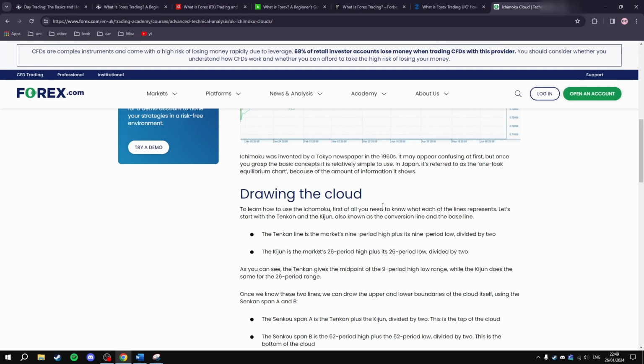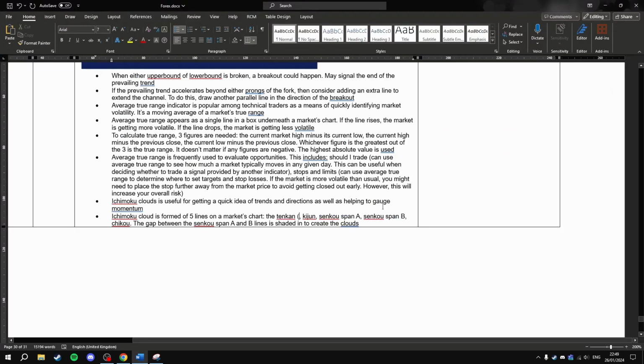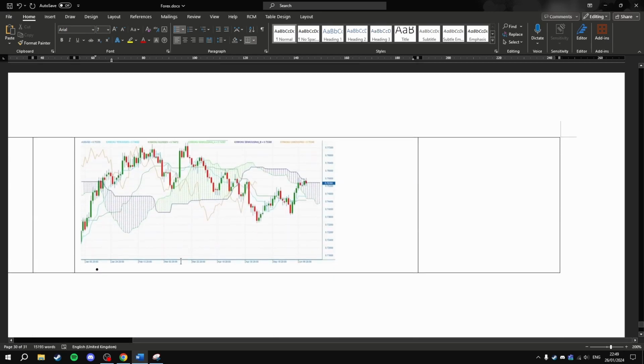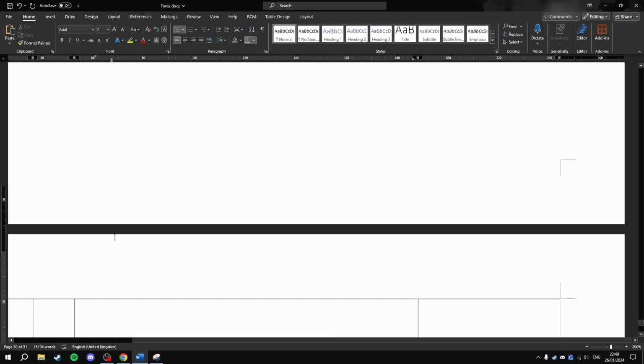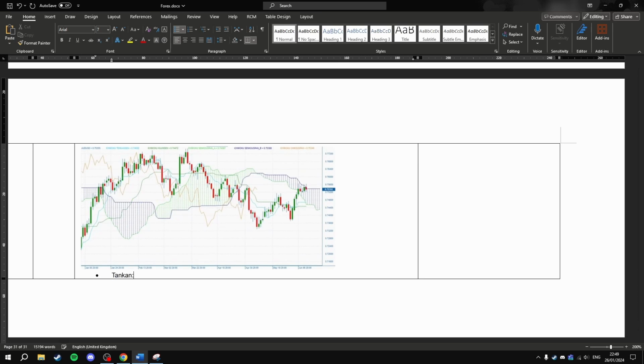The Tenkan line is the market's 9-period high. Actually, let's just do it on the new lines.